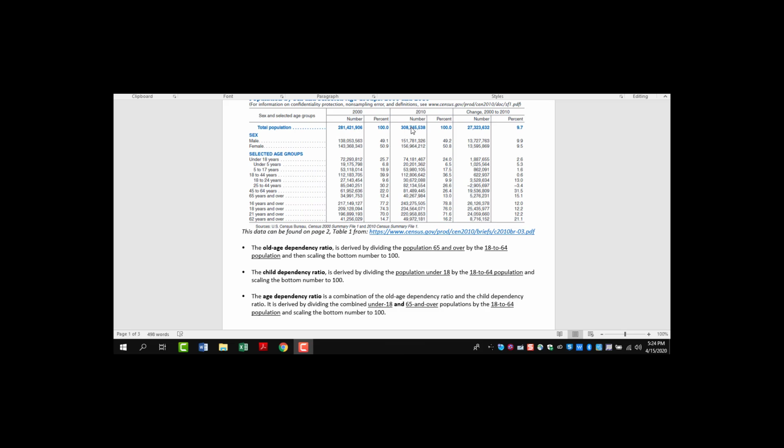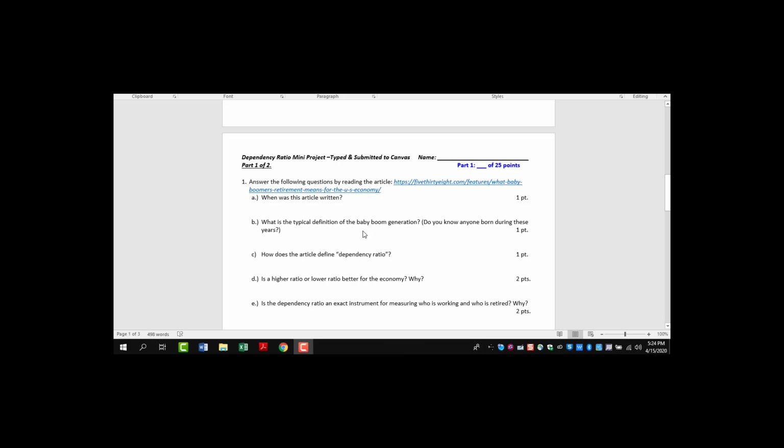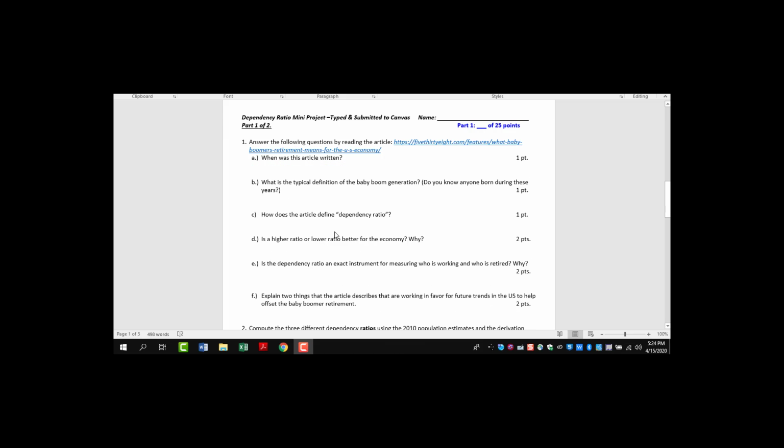We're not dealing with the totals. And age dependency, you just add these two to see what the total dependency is of the society in terms of how many people are working. And I'll go through a few of these pretty quick, but those ratios are really important to understand.